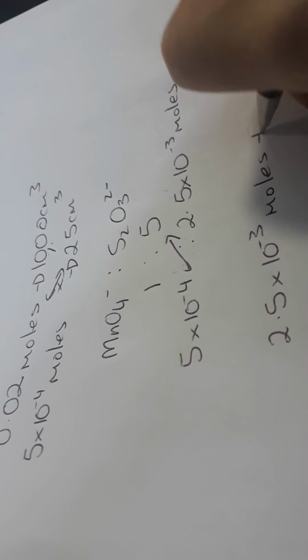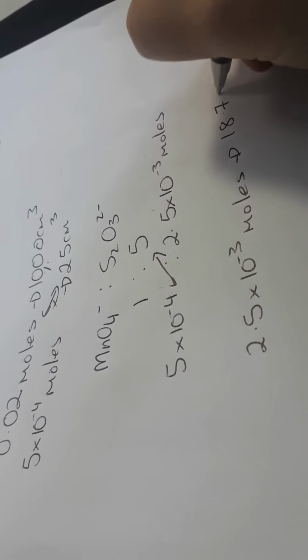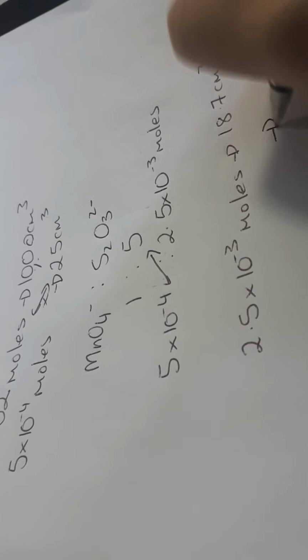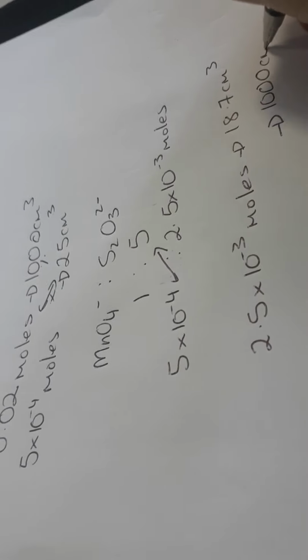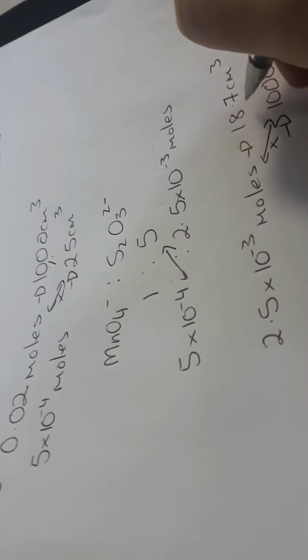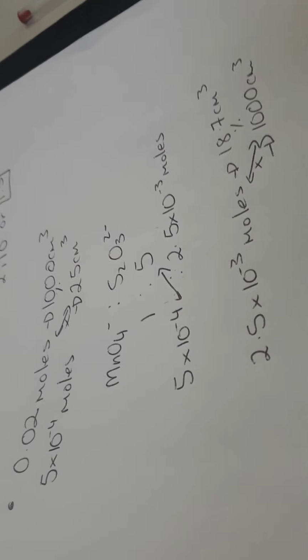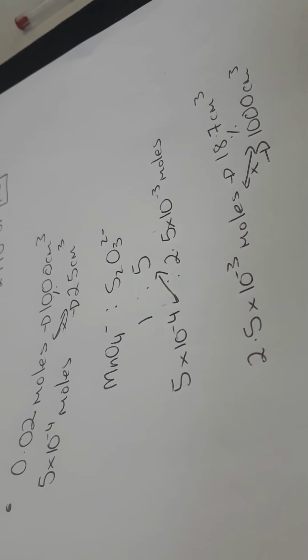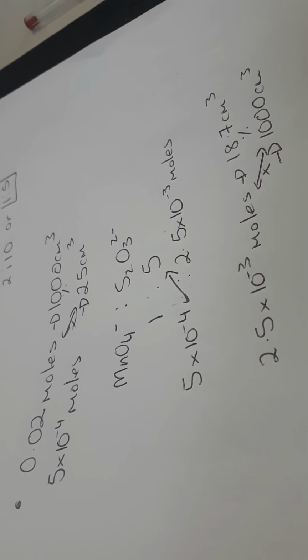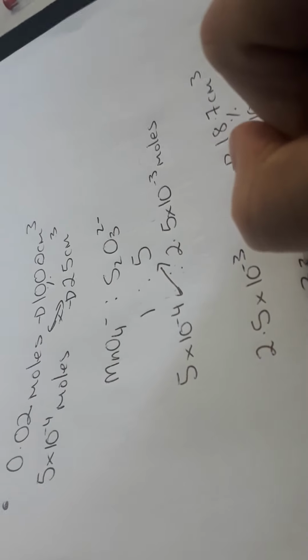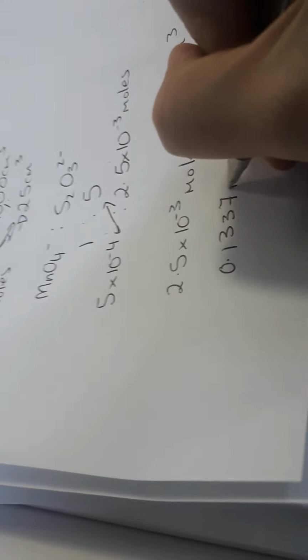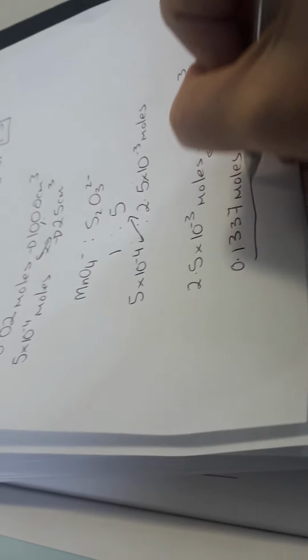And that 2.5 by 10 to the minus 3 moles, I'm told in the question, uses 18.7 centimetres cubed. And in the question, I am asked for it in moles per litre. So again, I multiply by what I know, 2.5 by 10 to the minus 3 by 1,000, divided by 18.75, which gives me 0.1337 moles per litre. That's my answer to part A.